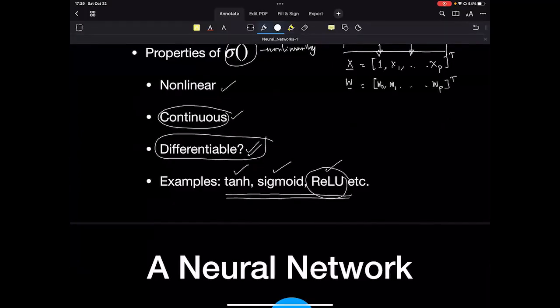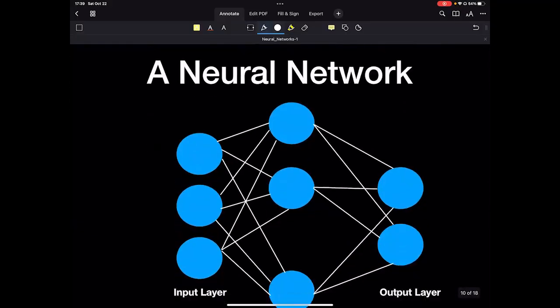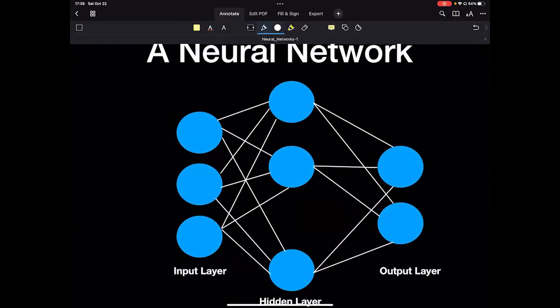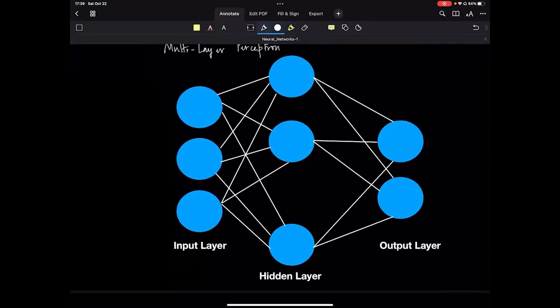Again, nothing fancy or surprising is going to happen. We simply have a neural network. Here what I have is what is also called a multi-layer perceptron. What I wrote as a simple neuron is also sometimes called a perceptron, and we have multiple of these. So this is our input layer, with x1, x2, all the way to xp.